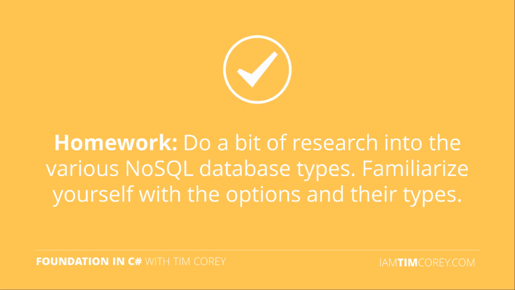Okay, homework. Do a bit of research into the various NoSQL database types. You just type NoSQL, or maybe you've heard about a couple, read up about them. See what type they are. Are they document databases? Are they key value pair? Are they something else? Familiarize yourself with the options and their types. So just know what's out there. You don't have to understand how they work or how to use them. Just know, okay, here are the big players.